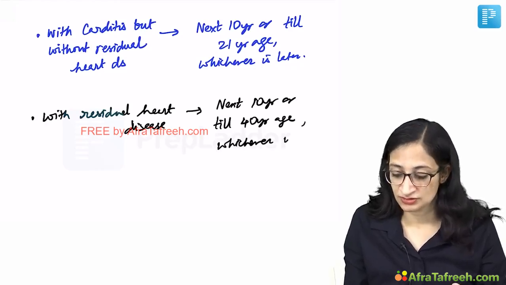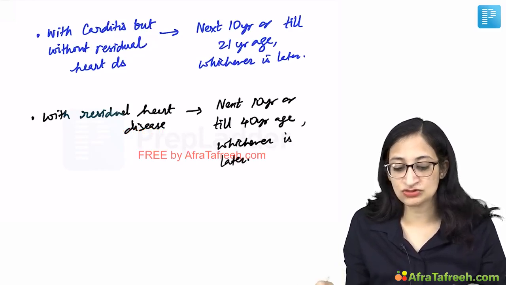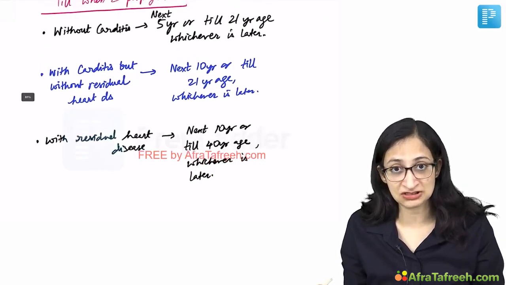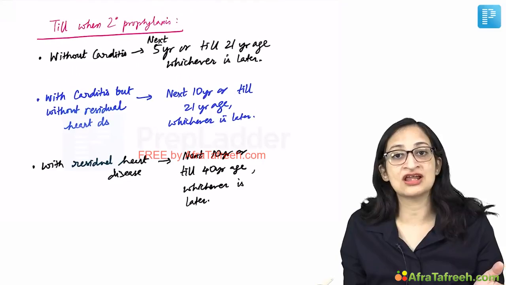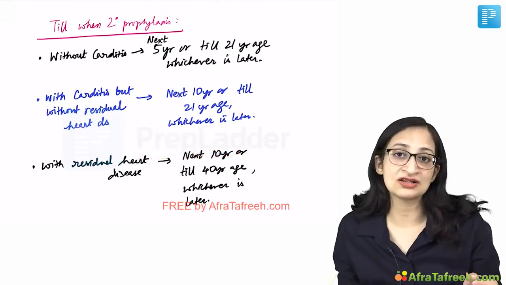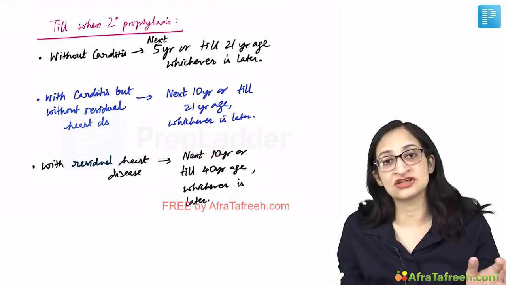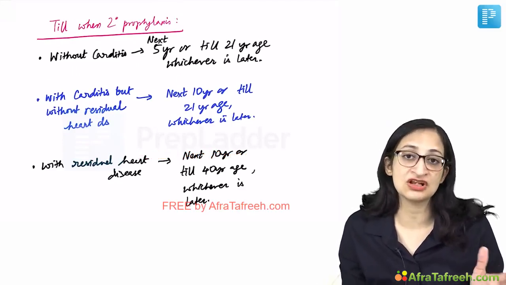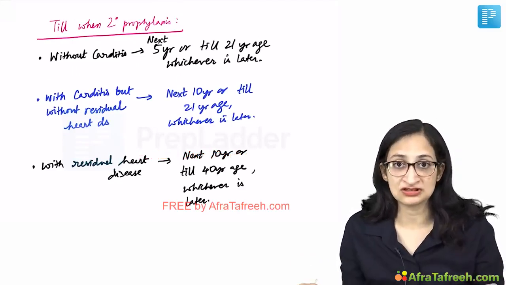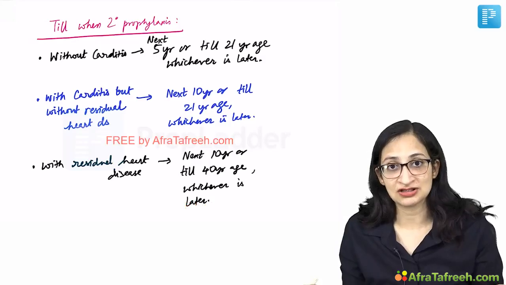And remember, in individuals who are allergic to benzathine penicillin, you can use macrolide antibiotics like azithromycin for secondary prophylaxis. You have to use alternate antibiotics if the individuals are allergic to penicillin.